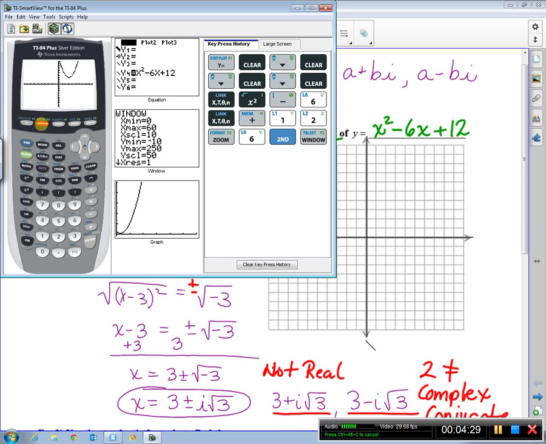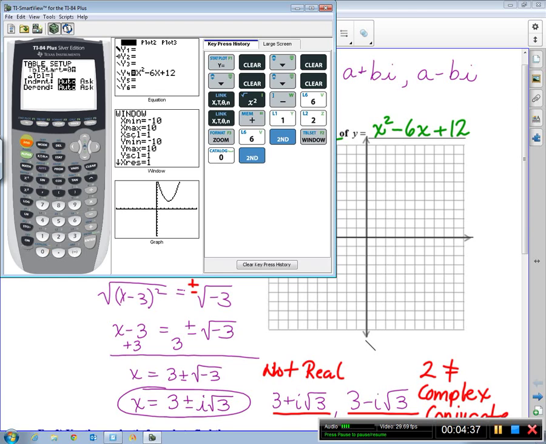Take a look at the table. I'm going to do a table set first. Negative 3 counting by ones. Let's change that to 0, counting by ones. And the table, so that you can sketch a little bit. 3, 3 is obviously the vertex. 2, 4, and 4, 4.